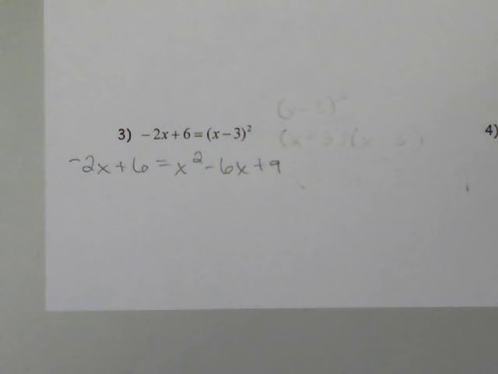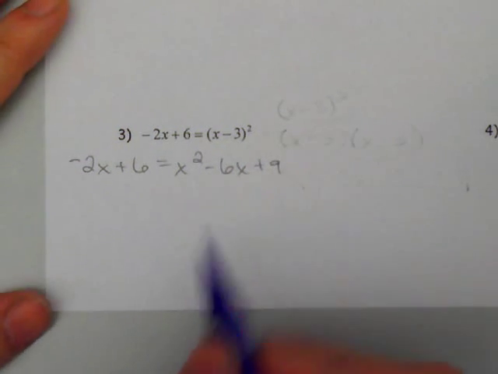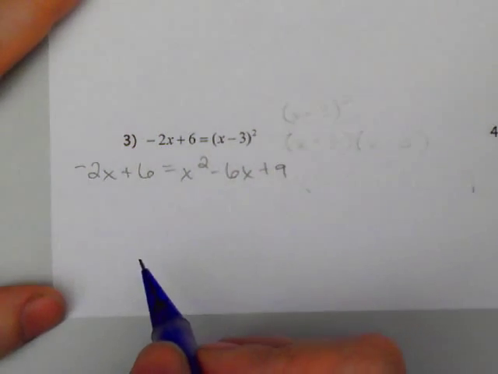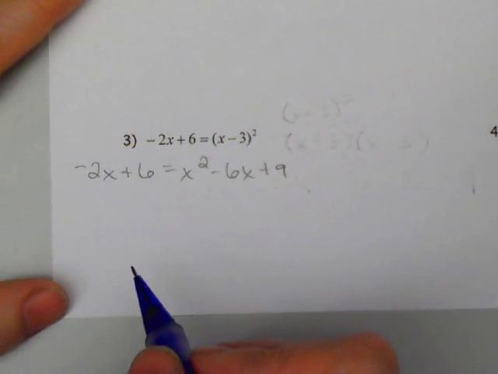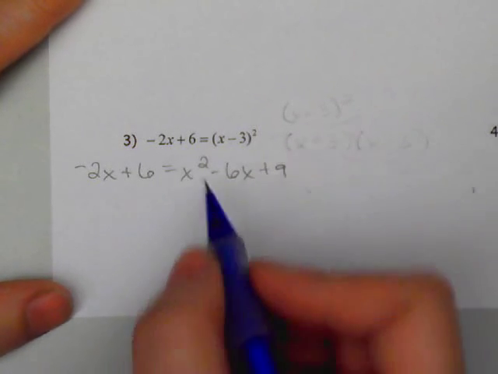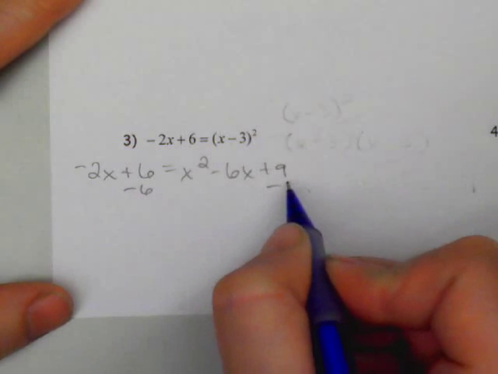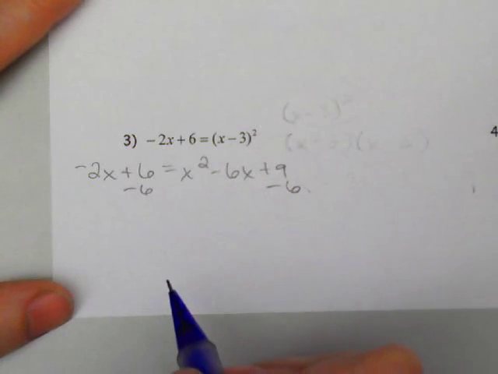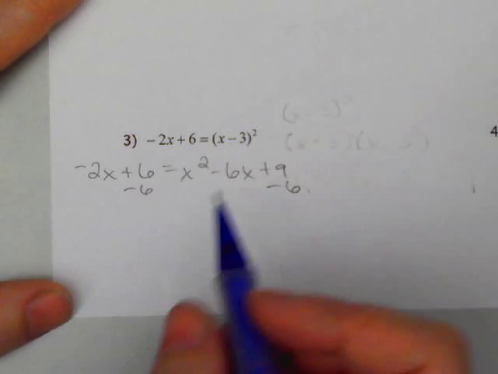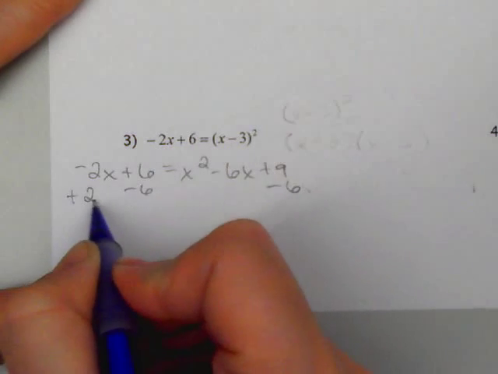I need to get everything over to the same side to solve that. So what do I do? Minus 6. And what else? Add 2x.